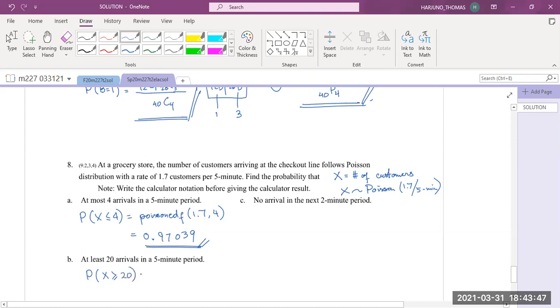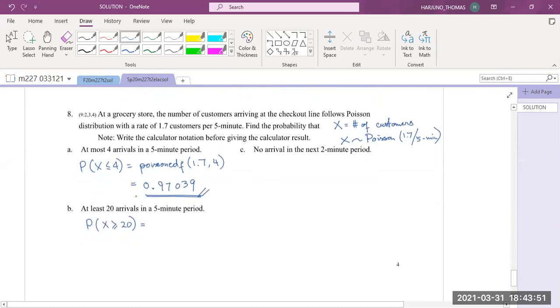If you have all of a sudden at least 20 people going in a 5 minute period, I believe something really different has happened. You suddenly sell something different. Some word goes out that people are attracted to your grocery store, right? Let's compute the probability. You will see the probability is extremely small.